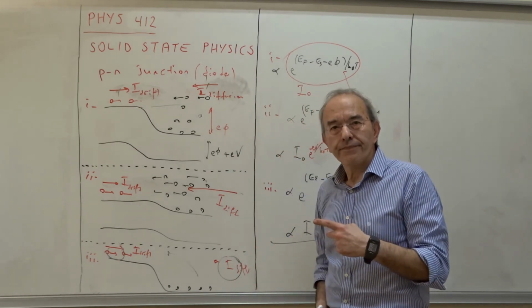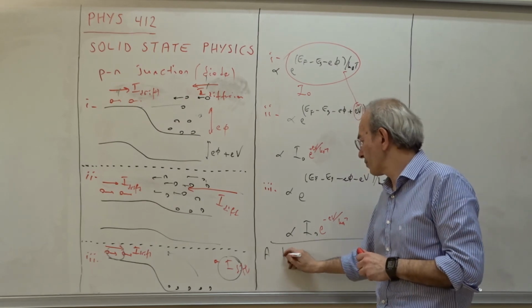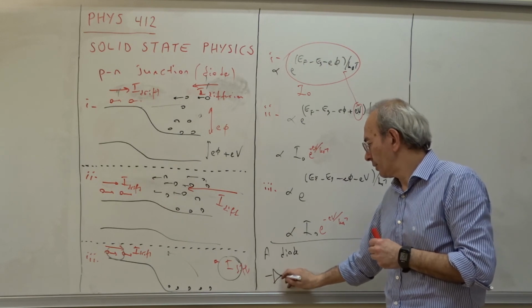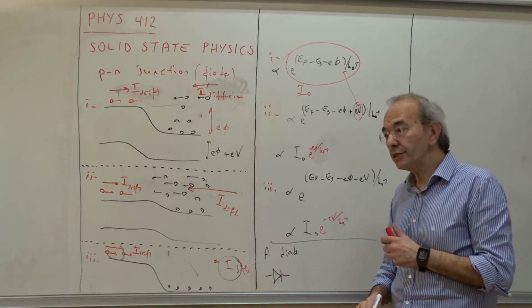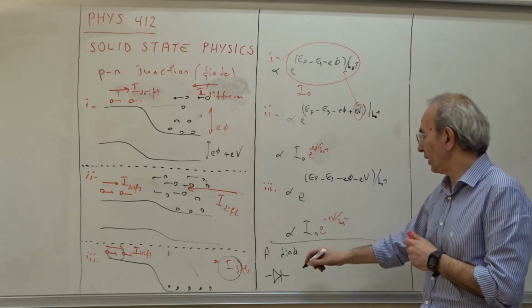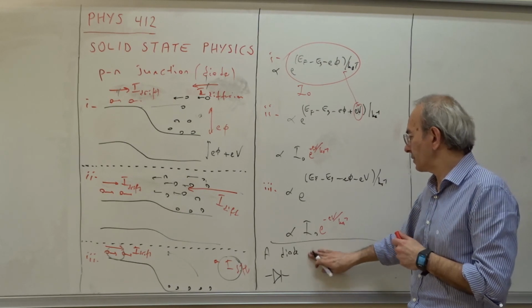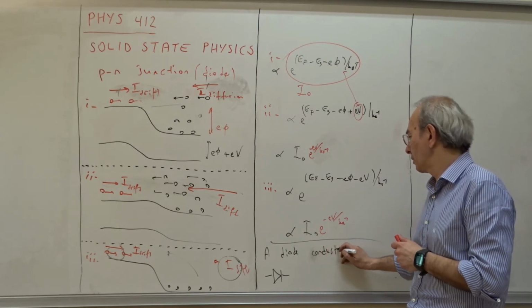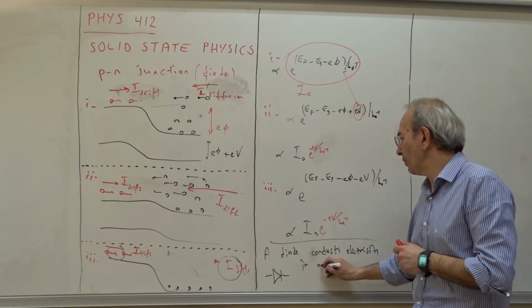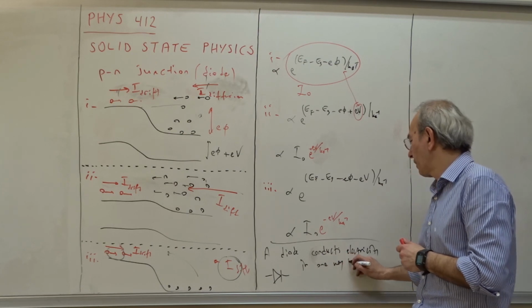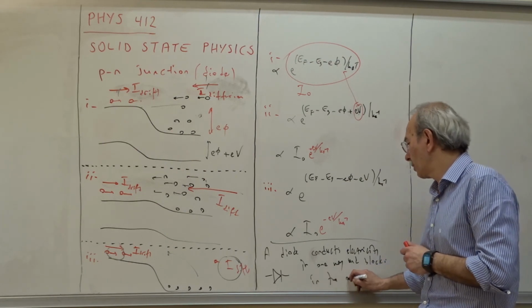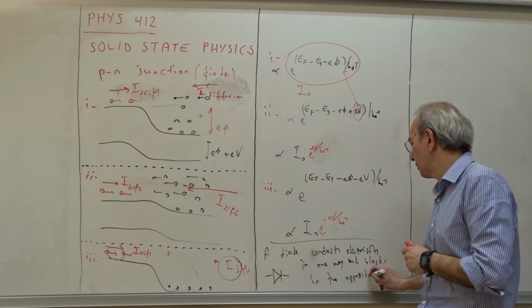It's a one-way device. A diode has a certain symbol like this in circuits. So it passes the current in one way but blocks it in the other way. A diode conducts electricity in one way and blocks in the opposite sense.